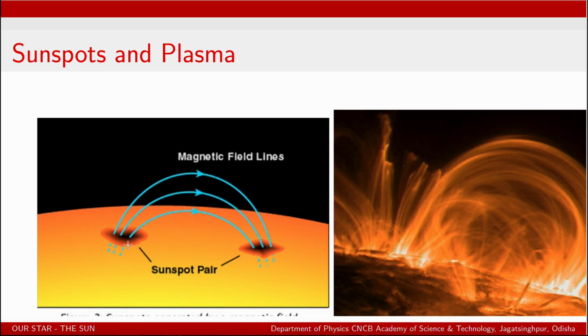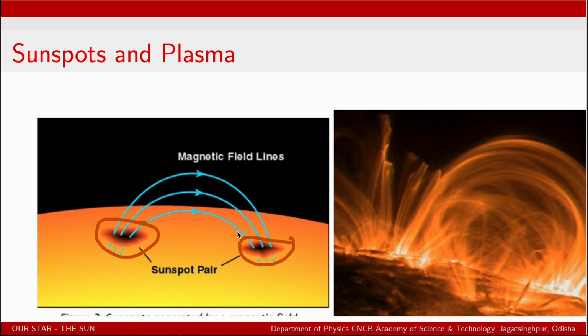From one, the magnetic field is emerging, and the lines are going into another sunspot. So this is the sunspot from where you have magnetic lines of force emerging, and this is the sunspot into which the lines are going in.